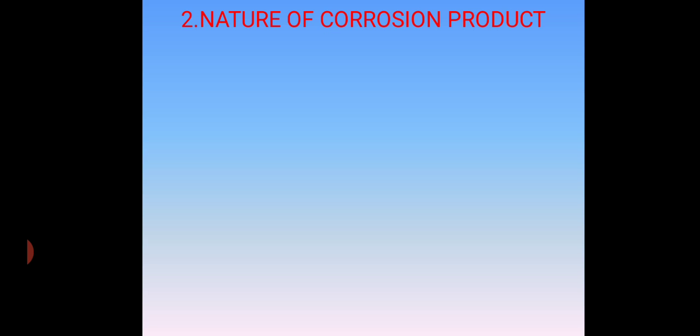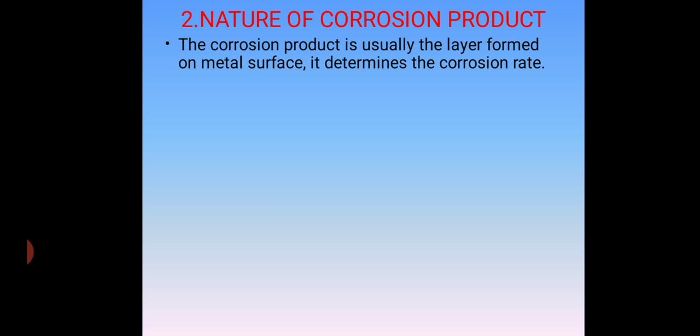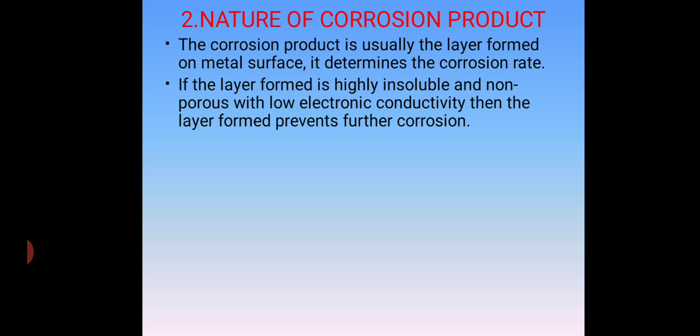This particular factor also depends on that. The corrosion product is usually the layer formed on the metal surface. It determines the corrosion rate. If the layer formed is highly insoluble and non-porous with low electronic conductivity, then the layer formed prevents further corrosion.